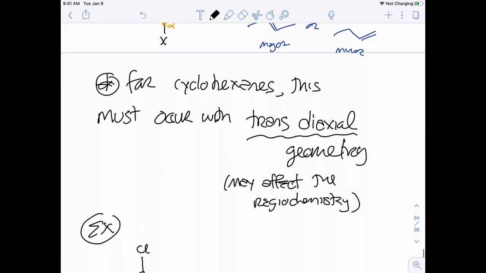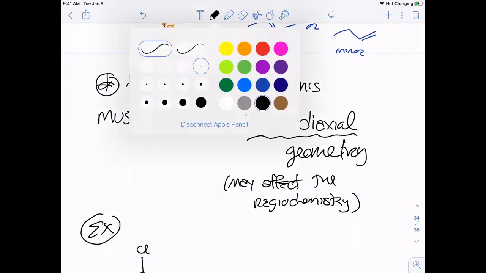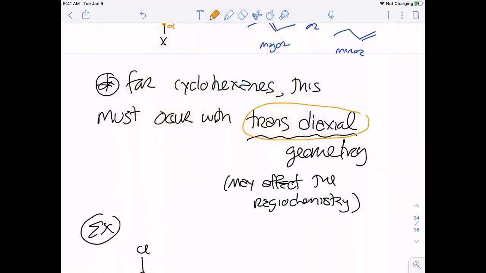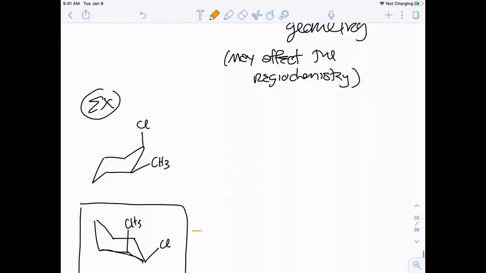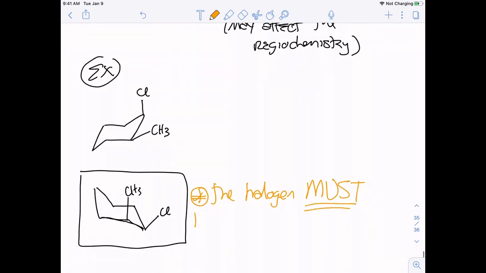If we go up here, trans diaxial geometry, right? What that means is the halogen must, M-U-S-T, all capital, be axial to eliminate.